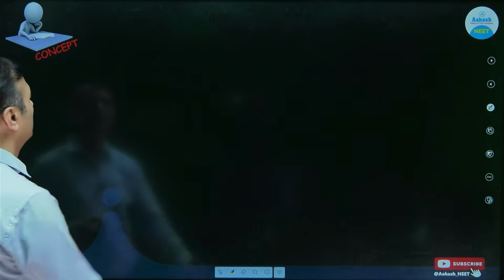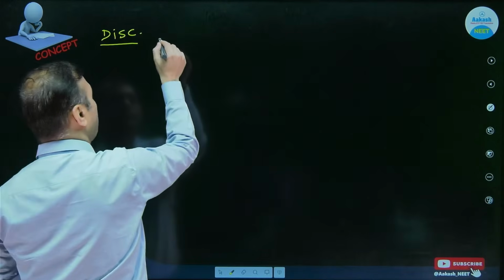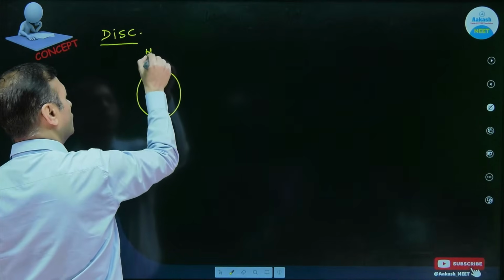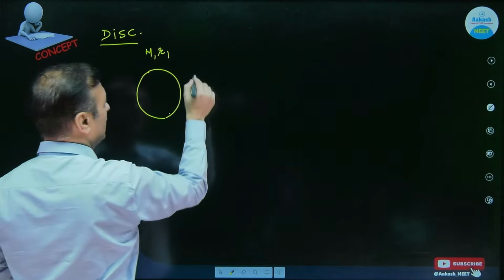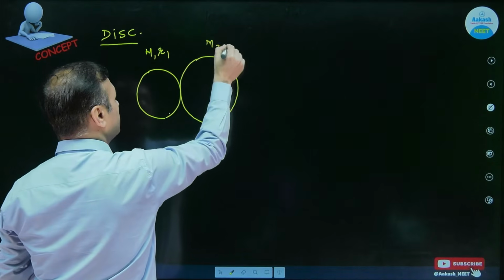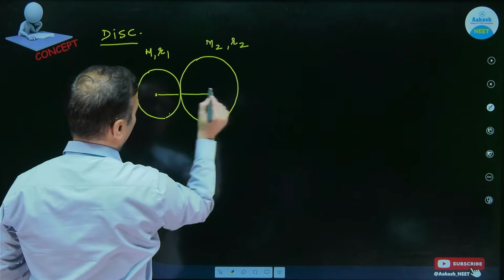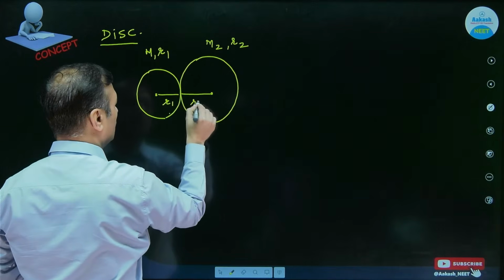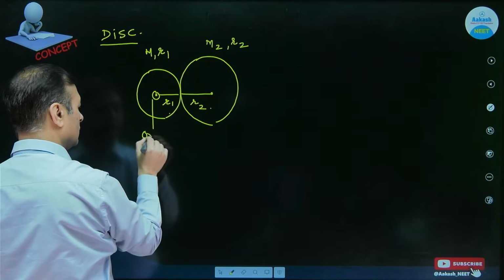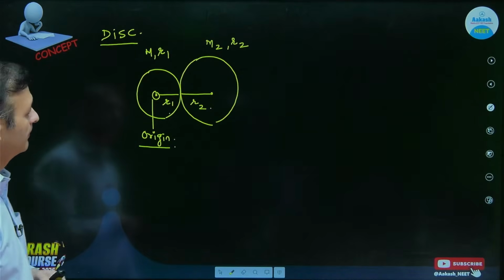Okay. So let's suppose you have two discs. Mass is m1, radius is r1. Mass is m2, radius is r2. Let's suppose this is the origin. Got it?